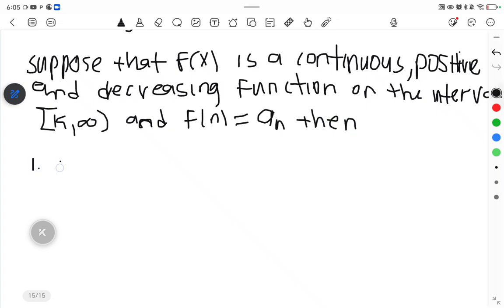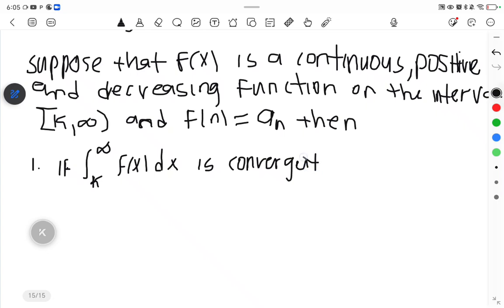The first condition is if we have the integral from k to infinity of f of x dx is convergent, so this one, the series from n equals k of a n, is also convergent.